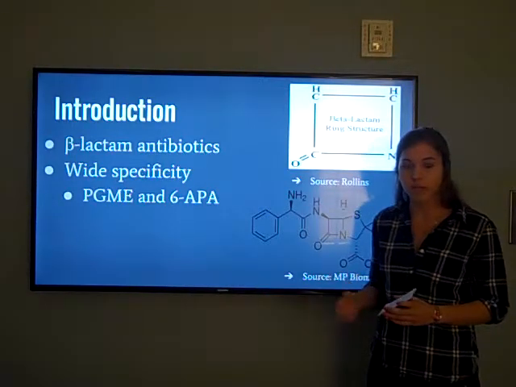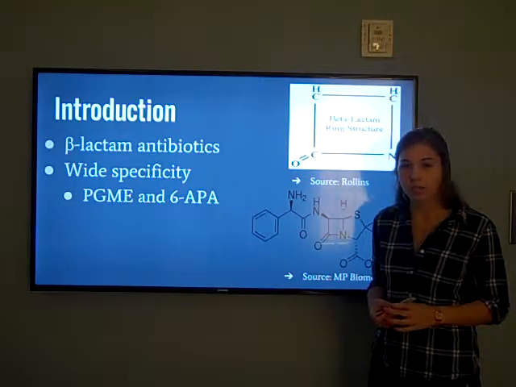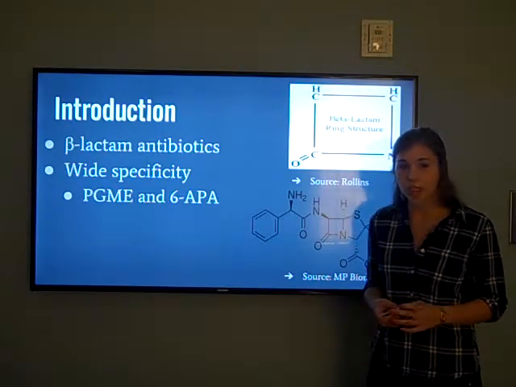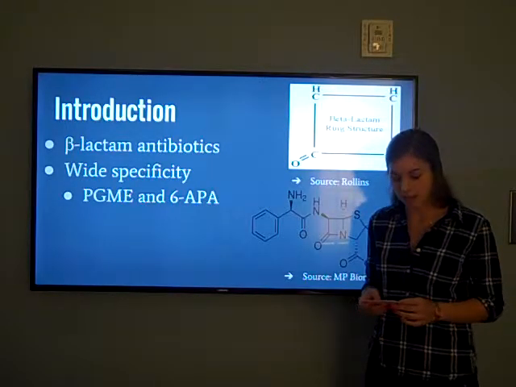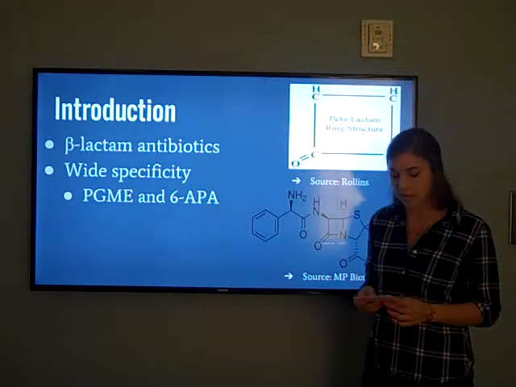It has a wide range of uses. It also has a wide specificity, and it binds to multiple substrates. Two of those are PGME and 6-APA. PGME is phenylglycine methyl ester, and 6-APA is 6-amino penicillanic acid.